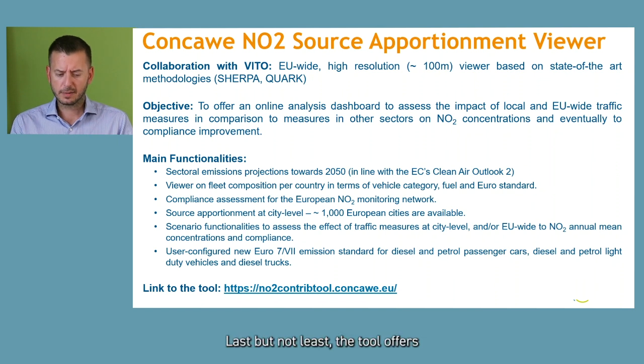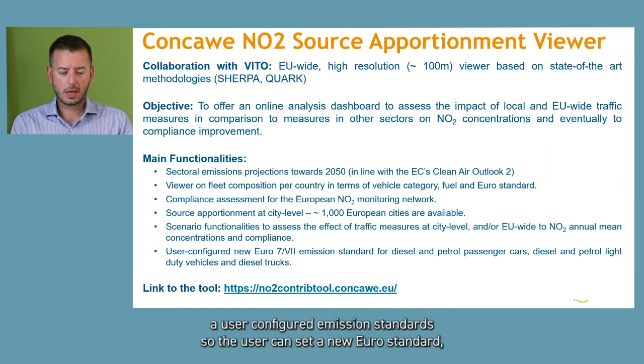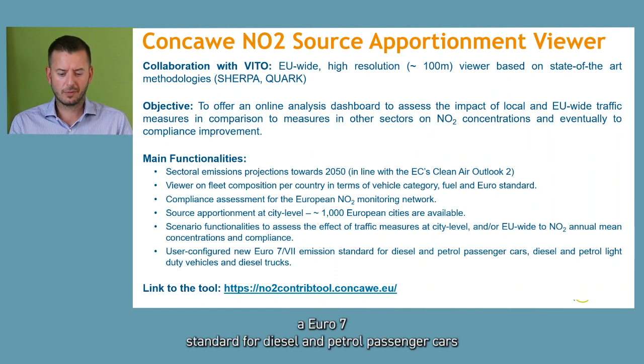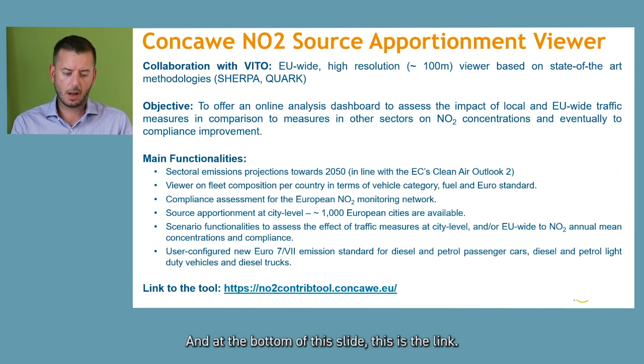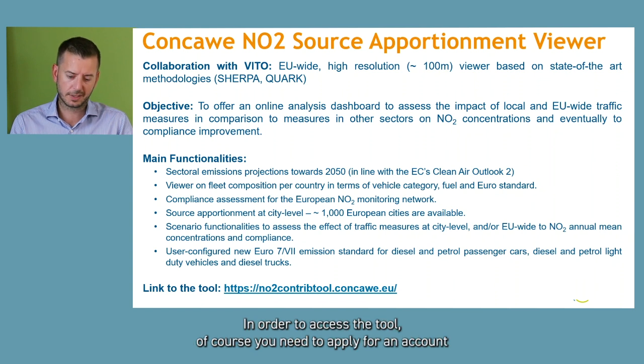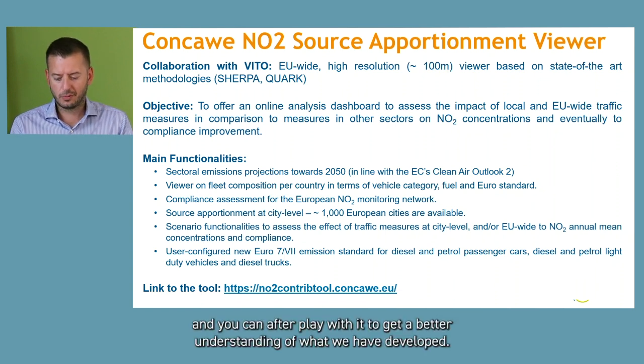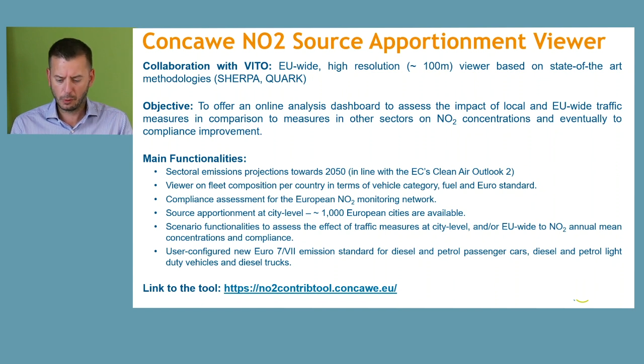Last but not least, the tool offers a user-configured emission standard, so the user can set a new Euro 7 standard for diesel and petrol passenger cars, diesel and petrol light-duty vehicles, and diesel trucks. And at the bottom of this slide, this is the link to access the tool. Of course, you need to apply for an account, and afterwards you can play with the tool and get a better understanding of what we have developed.